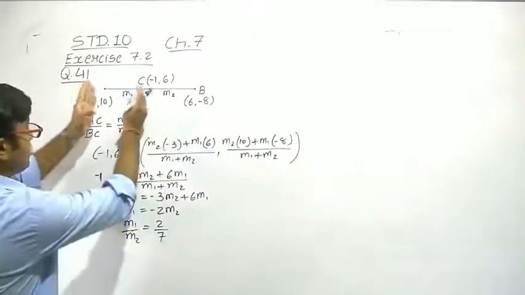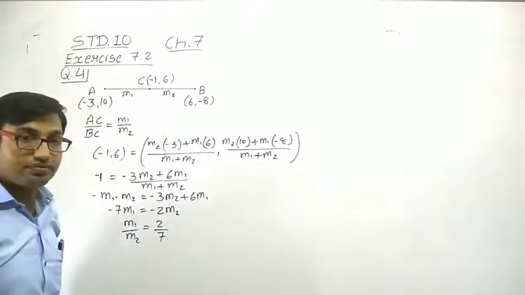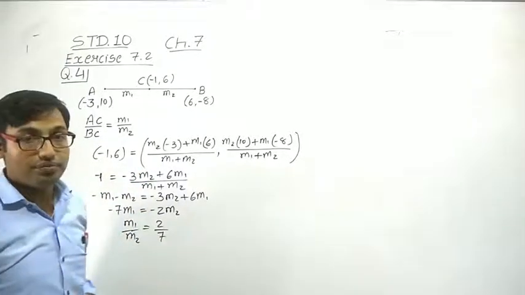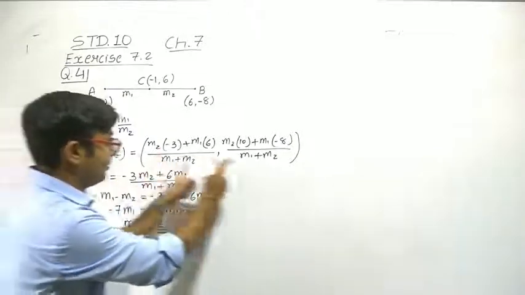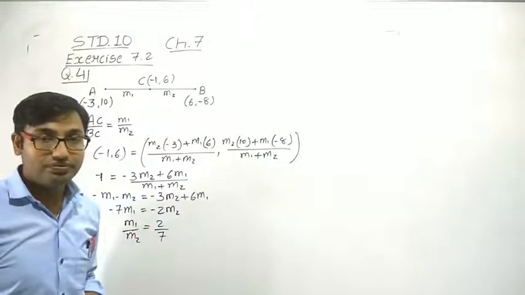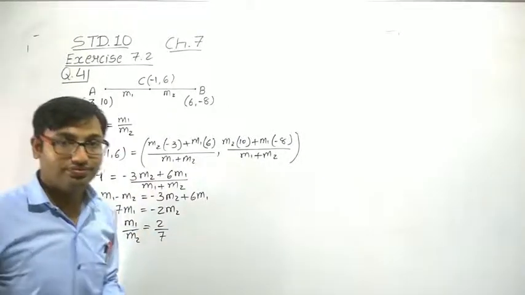That means AC is 2 and BC is 7. So just by comparing the x coordinate, we get the values of m1 and m2. In the same way, when we compare the y coordinate with this y coordinate, we get the same ratio. So in this way we can find the ratio.